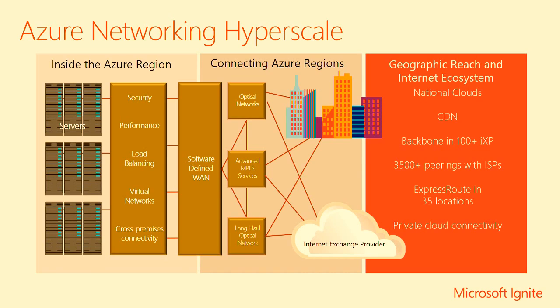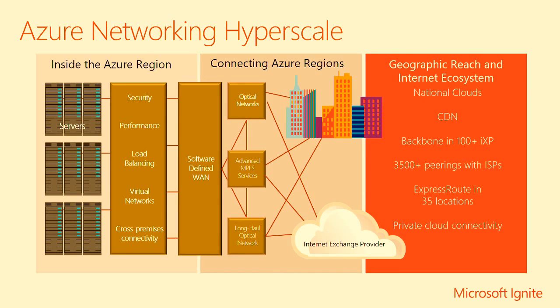And the hyperscale and global connectivity is possible basically because of the huge fiber network infrastructure we have across the globe, and also within Azure regions. And also we directly peer with 3,500 plus ISPs throughout the world, so that anytime you want to reach Azure through your local ISP, it will be just one hop away.